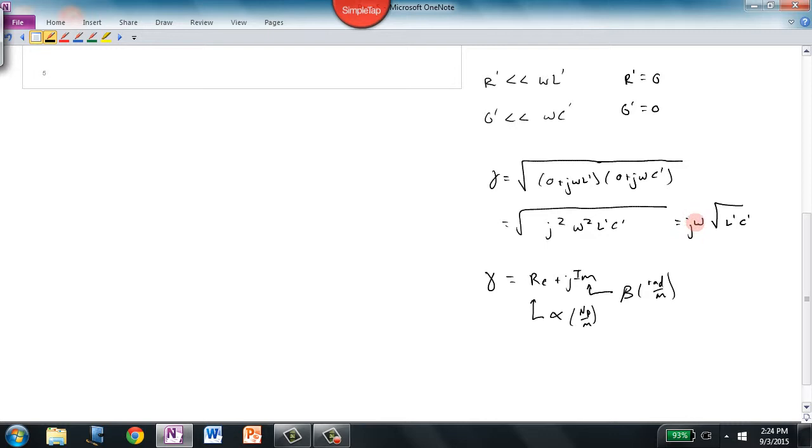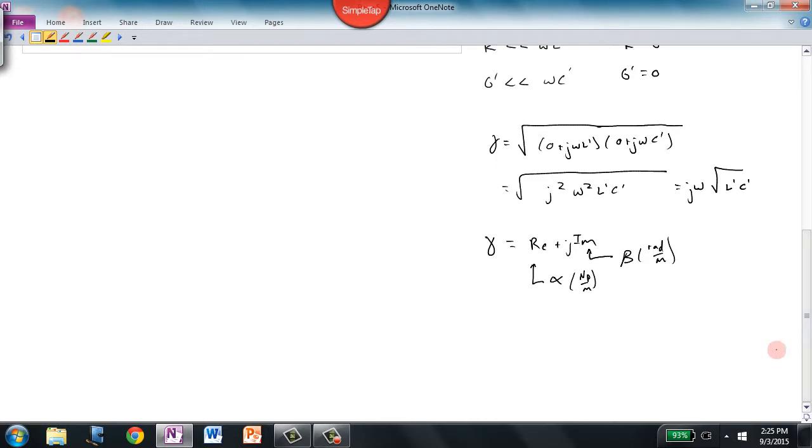We see that from the lossless approximation, the complex propagation constant only has an imaginary component. Therefore, in the lossless case, alpha equals 0, and beta is equal to omega times the square root of L prime C prime. So that's a simplification for the lossless T-line.